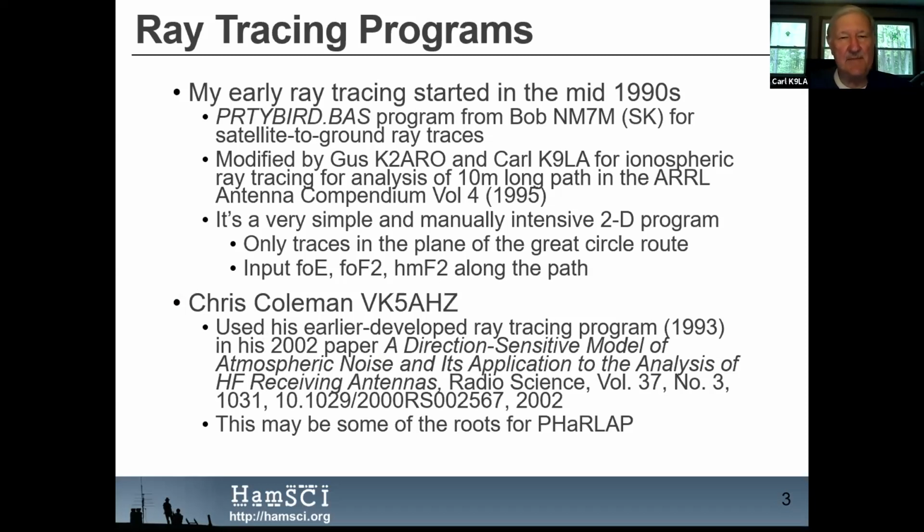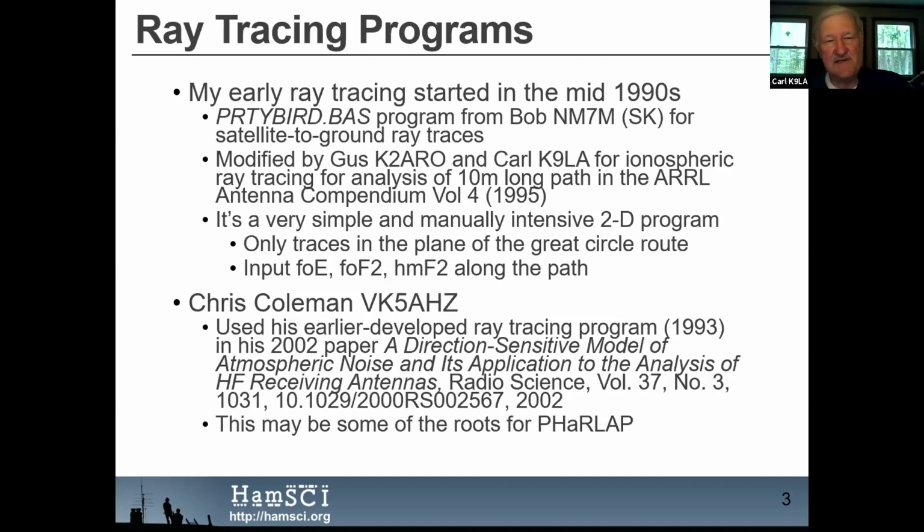Now, about that time, I ran into Gus, K2ARO. He had 2 solar cycles worth of 10-meter long path contacts. And that was great. So Gus and I took the PrettyBird program and modified it for ionospheric ray tracing. And I used that in a 10-meter long path article in the ARRL Compendium Volume 4 in 1995.